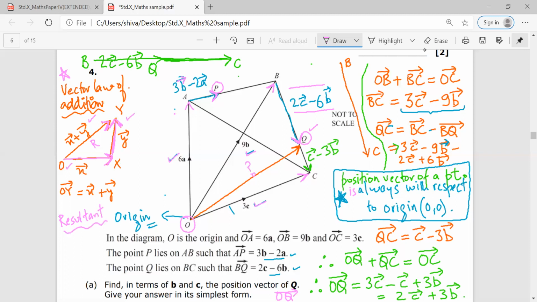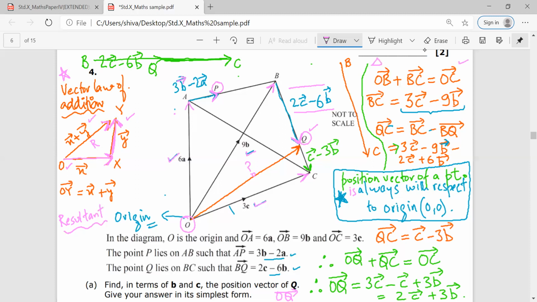Okay. Now we need to find the position vector of Q. First, when we look at this triangle OBC, OB plus BC would be equal to OC. Any doubt? No, sir.